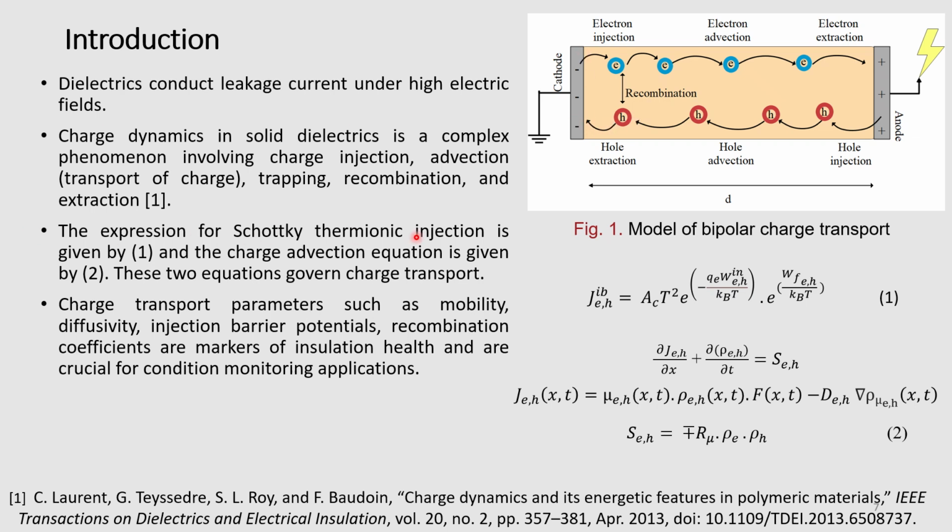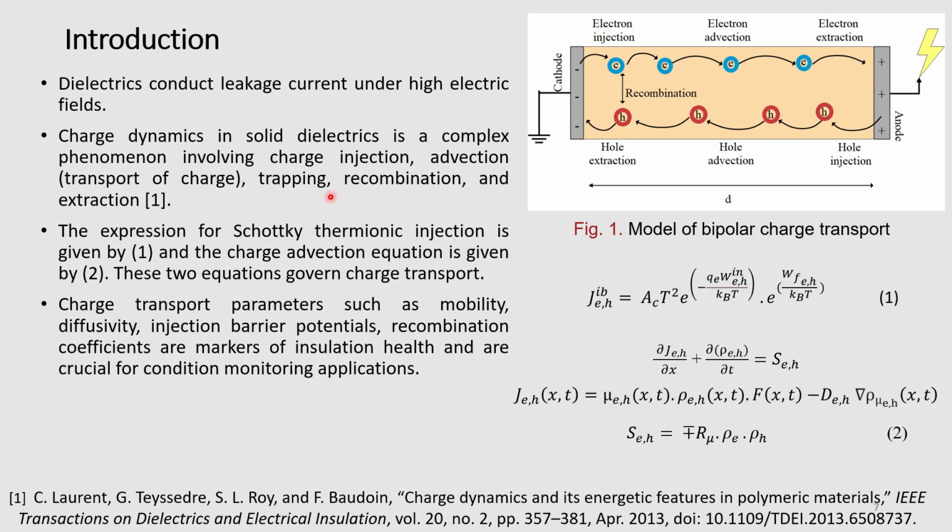So the charge injection happens through Schottky thermionic emission and is given by the first formula, and charge advection is characterized by the continuity equation and given by equation 2, and the total numerical flux is a sum of the convective flux and the diffusive flux, and this source term is just for representation of recombination dynamics.